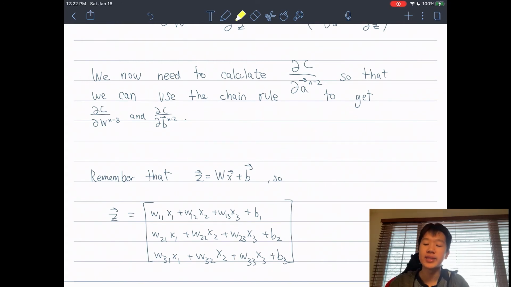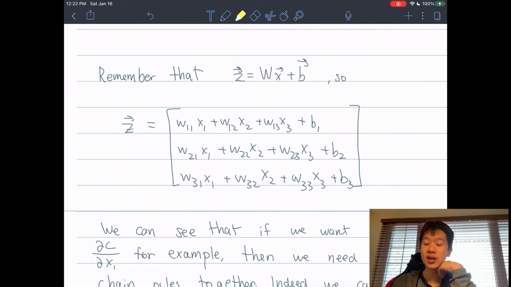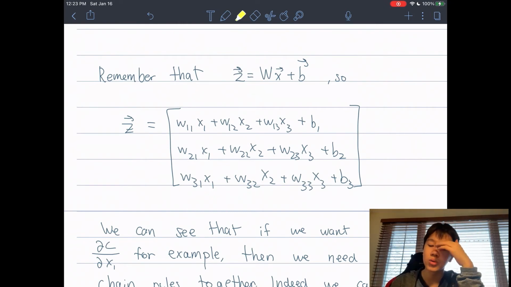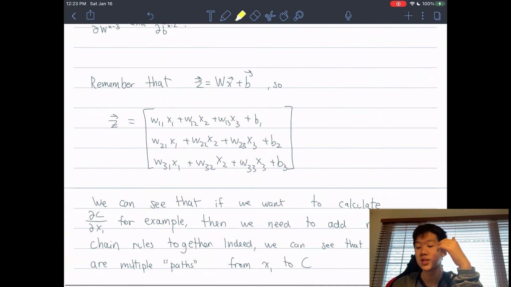So remember that z is equal to wx plus b, so we can actually expand it, and we get that z is equal to w11 x1 plus w12 x2 plus w13 x3 plus b1. The second row is the same thing, so w21 x1 plus w22 x2 plus w23 x3 plus b2, and then w31 x1 plus w32 x2 plus w33 x3 plus b3.